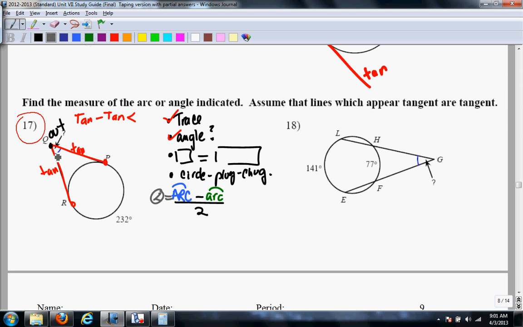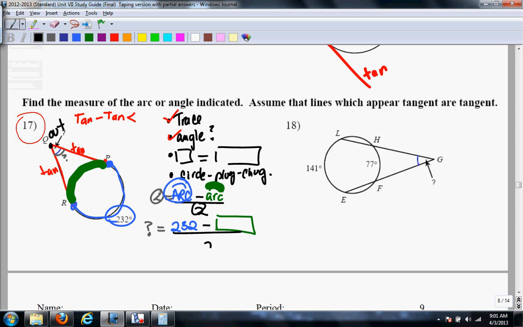I circle angle. I come over here. I don't have the angle. That's my unknown, so I'm just going to call it a question mark. Equals big arc, circle, trace, physical pickup, minus, I don't have my little arc. How can I work this problem if I don't have my little arc? Physically trace the little arc. There's a blank there. Don't forget to pick up the 2.